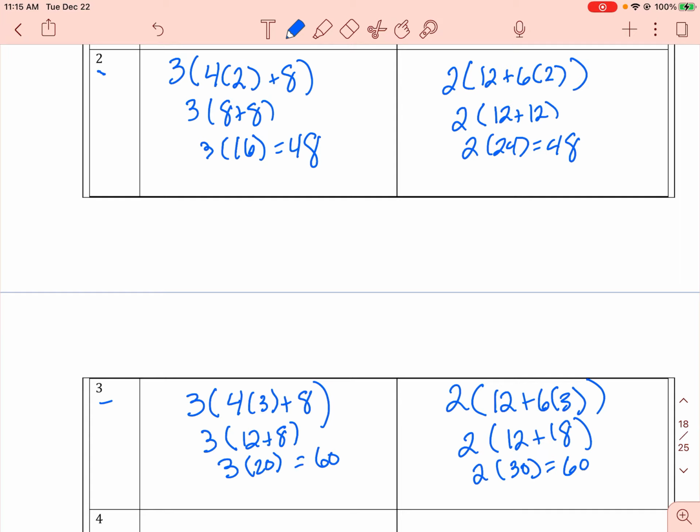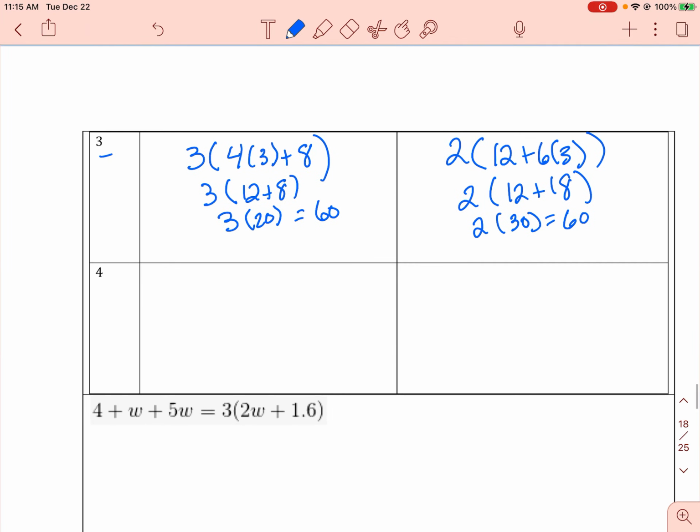So no matter what number I'm substituting in for s, I get the same on both sides of my equation.